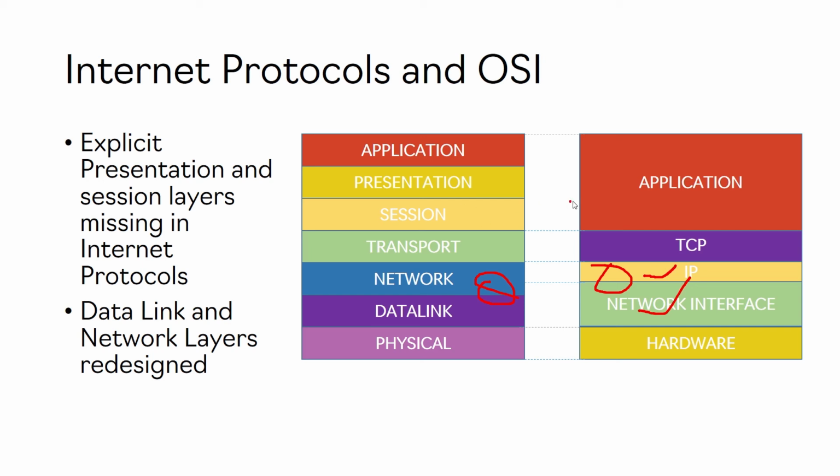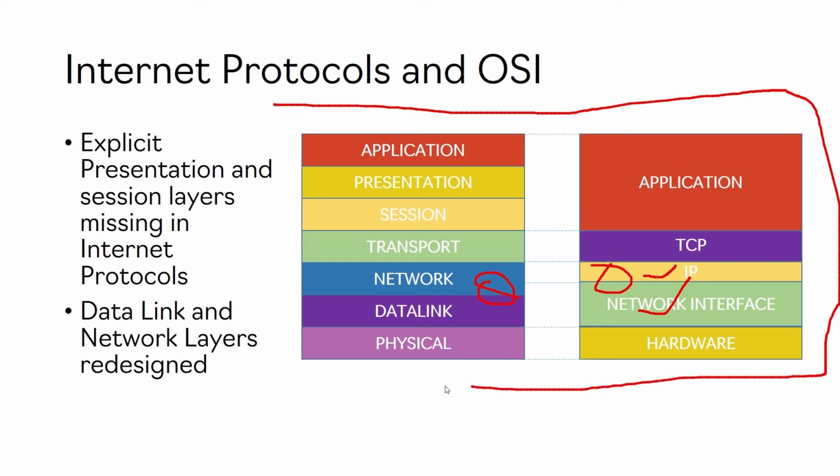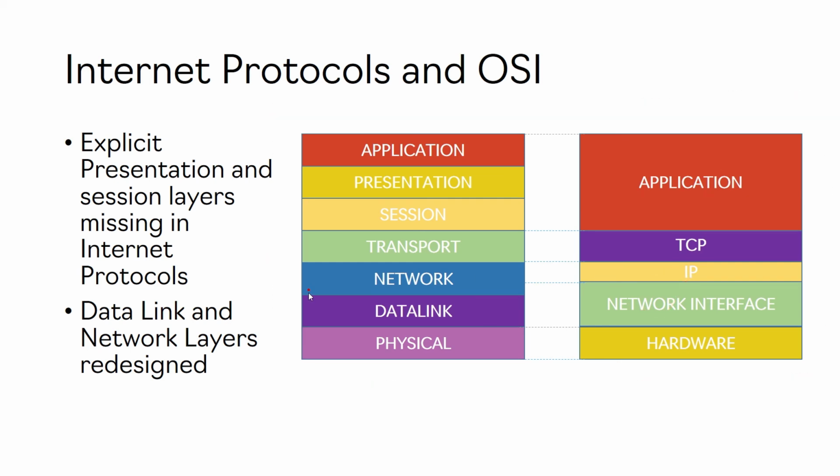This is just a basic overview, and we'll probably go into more detail in subsequent videos, but more importantly, we just want you to see the distinction between the IP protocol stack and the OSI model.